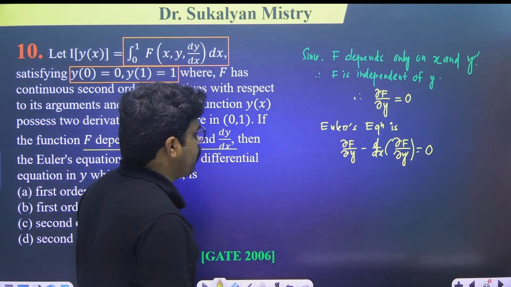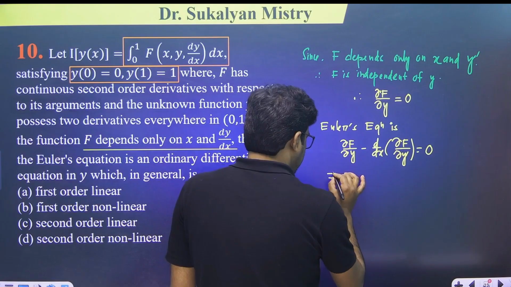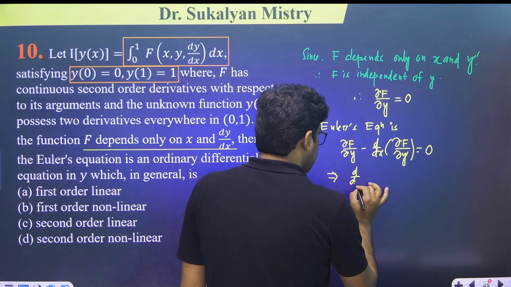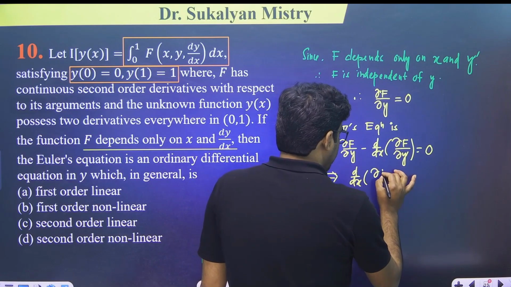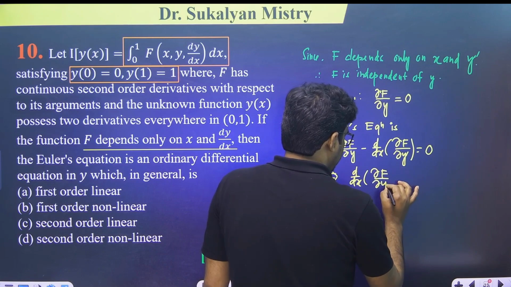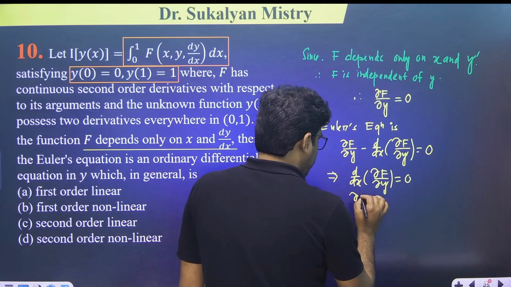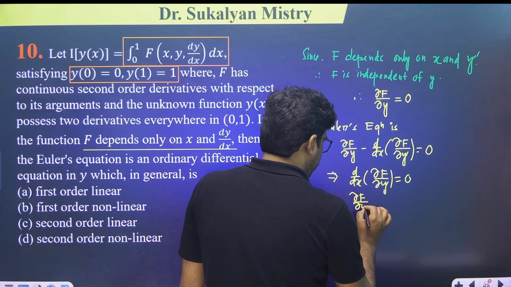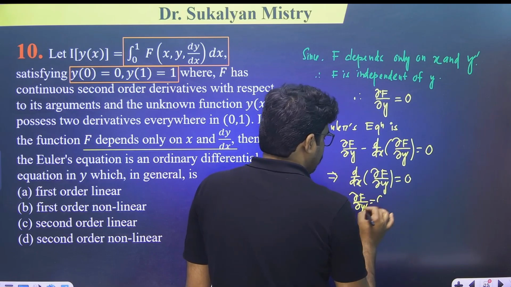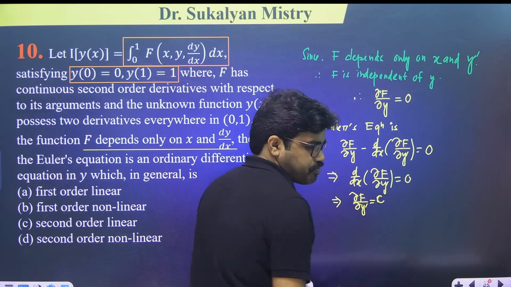So del f del y is 0. So ultimately we get d dx of del f del y dashed is equal to 0. So integrating we get del f del y dashed is equal to a constant, suppose c.